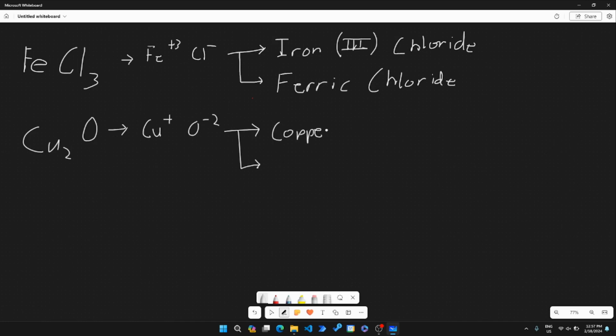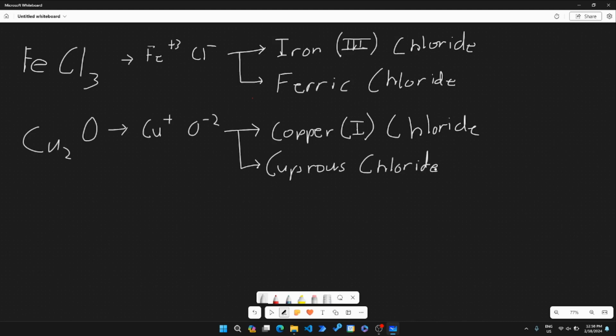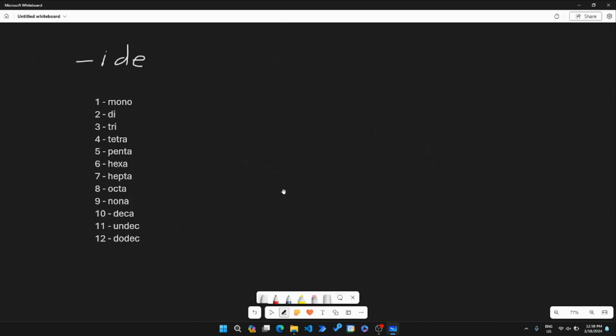So this becomes copper 1 chloride. Or cuprous chloride. And that's all there is to ionic compounds.